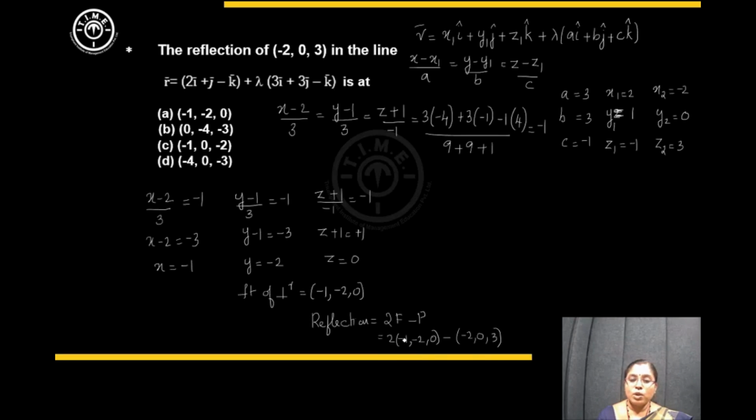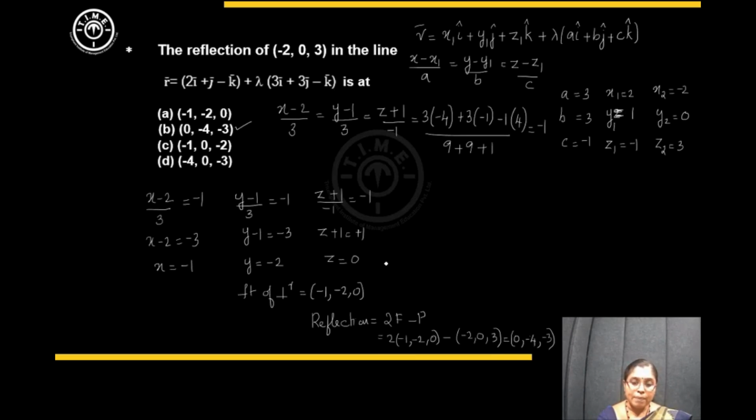So let's simplify. What do you get? -2 plus 2 will give you 0. Now -2 into 2, that is -4, minus 0 is -4, and this is 0 minus 3, that is -3. So the image is given by (0, -4, -3).